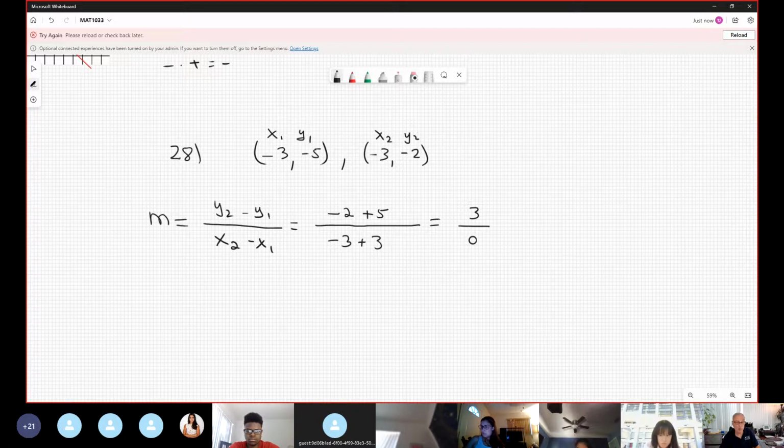So when you have division by 0, you know that this is undefined. Undefined, okay. Yeah, because it's impossible division by 0. Okay, keep in mind, 0 is a special guy. 0 divided by any number is 0. However, any number divided by 0 is undefined.